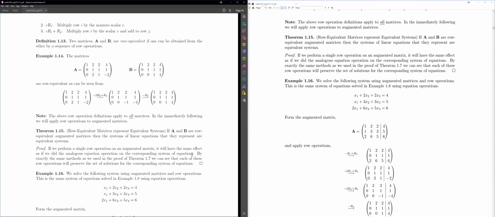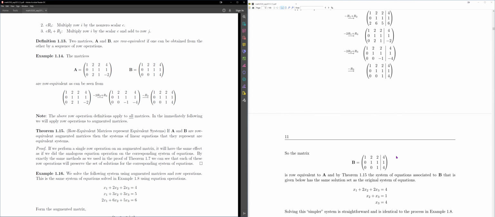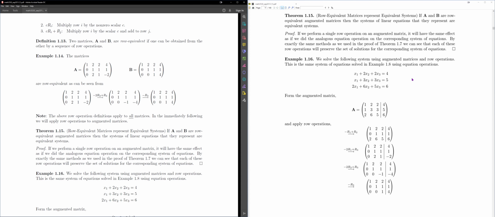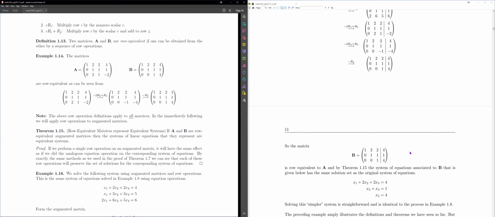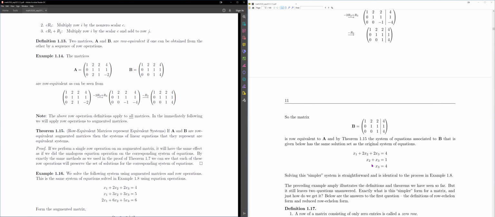We won't get into the formal proof. So that's the idea of theorem 1.15: for row equivalent matrices, the corresponding systems are equivalent. They have the same solution.